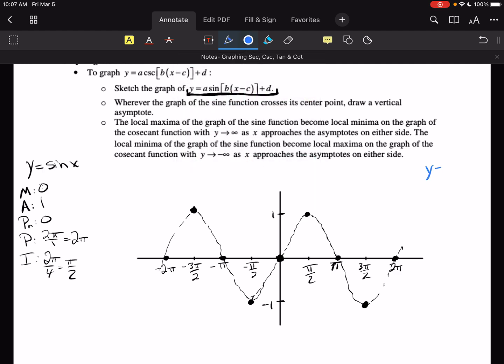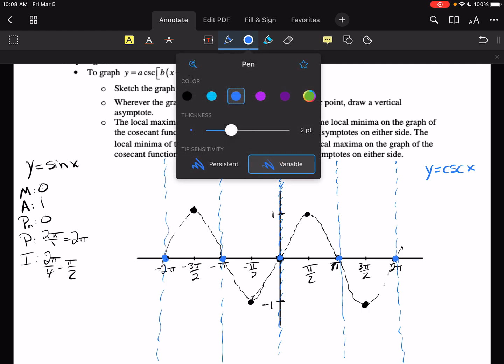Now, let's think about cosecant. So again, I want to think about when sine is 0, right? That makes cosecant undefined. So that's where my asymptotes go now. Okay, and then same thing as with secant, right?